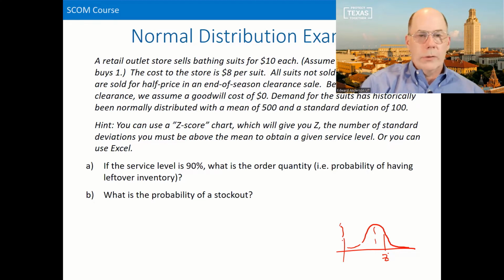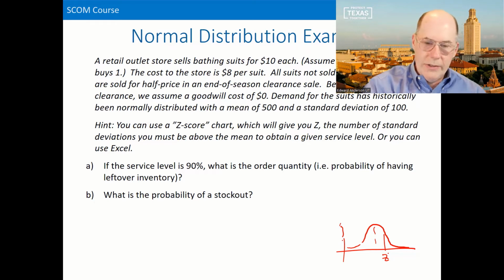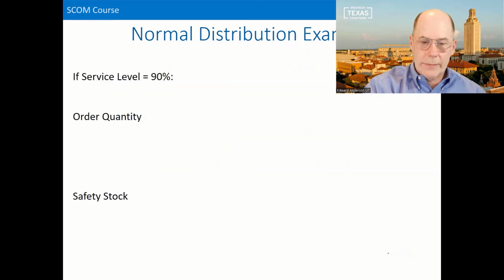And for any normal distribution, it doesn't matter what its mean or standard deviation is, that z-score will be the same. There are a couple ways to get the z-score. As I said, it's a number of standard deviations above the mean, so you can figure it out in Excel. The other way to do it is to use something called a z-chart.